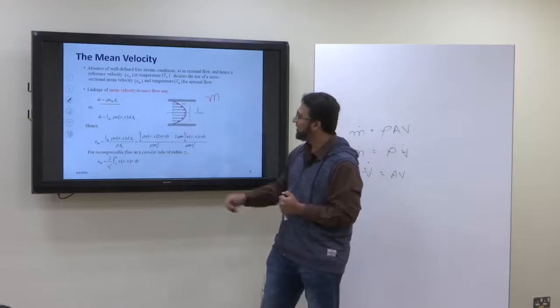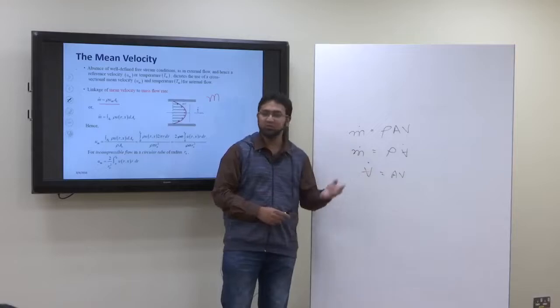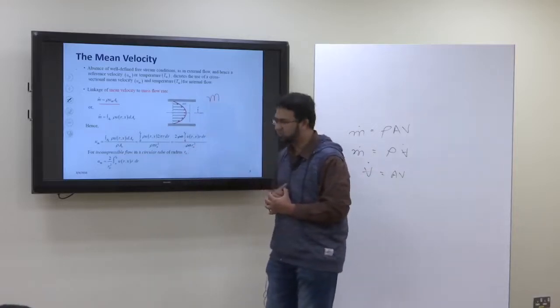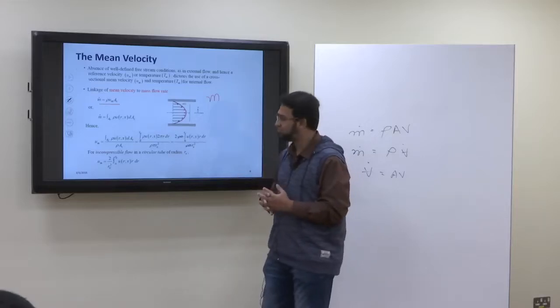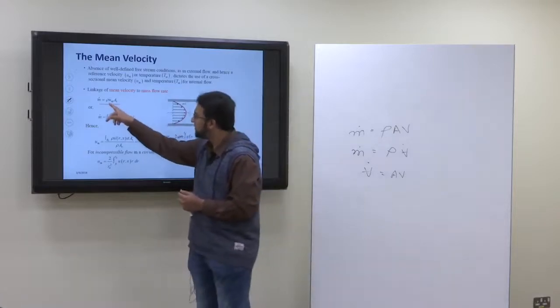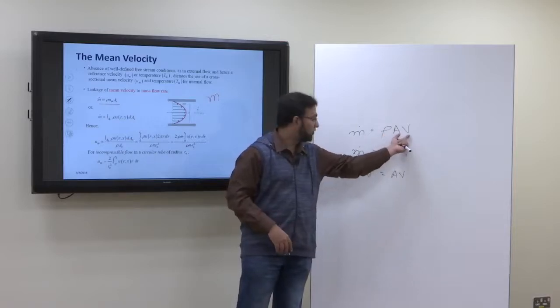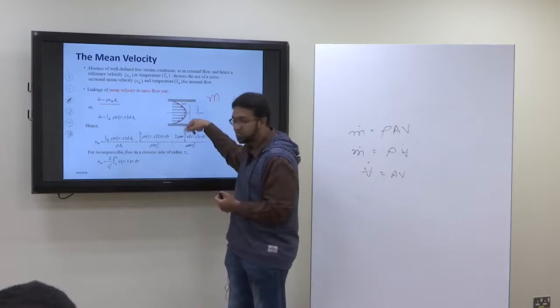so you have the mass flow rate. Just remember this formula. This is a very common formula and you'll be using it a lot. Although we can't put it in the book of formulas, it is something you should remember. So we have rho times cross-section area times velocity, but the velocity is changing with the radius.